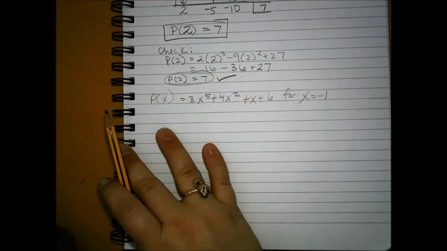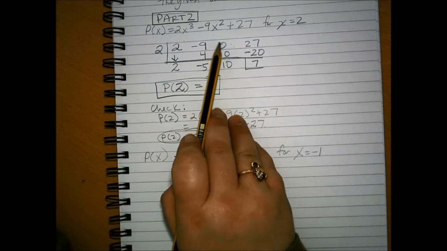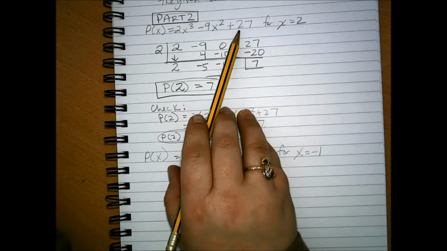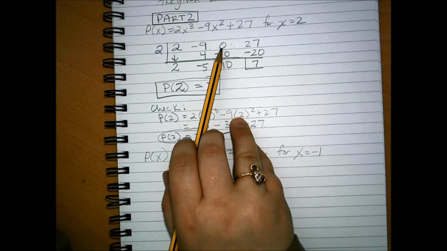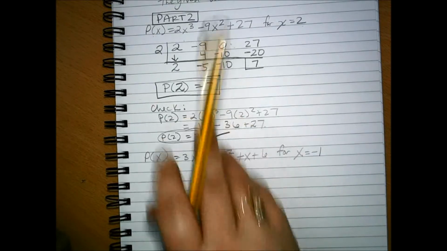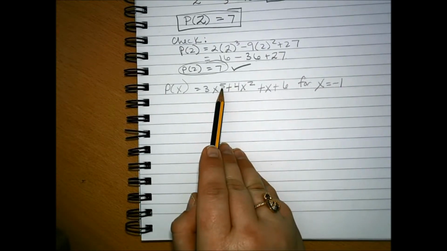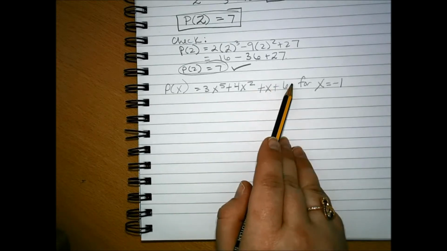So I didn't really talk about it, but notice that in the previous one, in the first step, I saw that they didn't have the missing terms here. It was in standard form. So I inserted a 0 in order to stand for the x term. I'm going to do something similar here because this goes 5 and skips 4 and 3, then goes to 2, 1, 0.